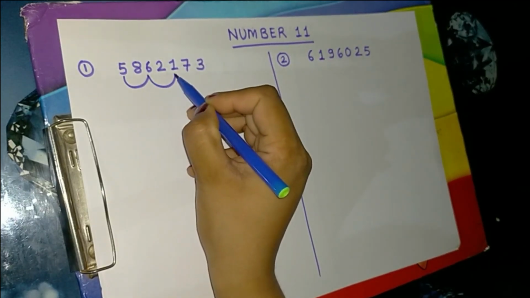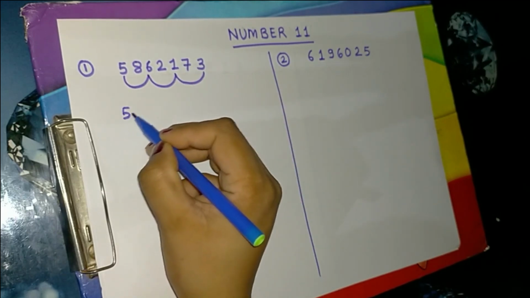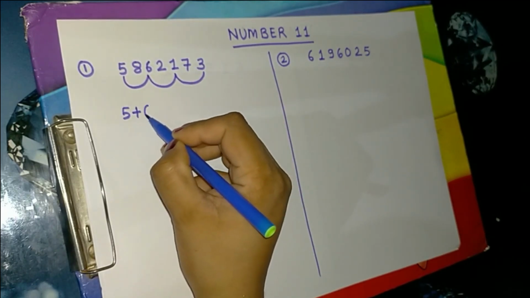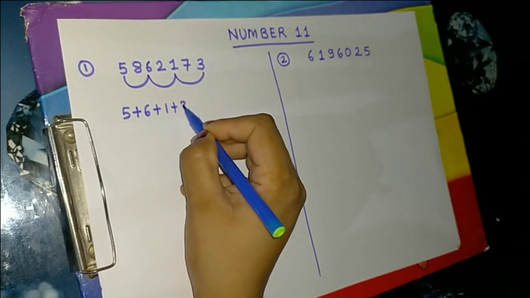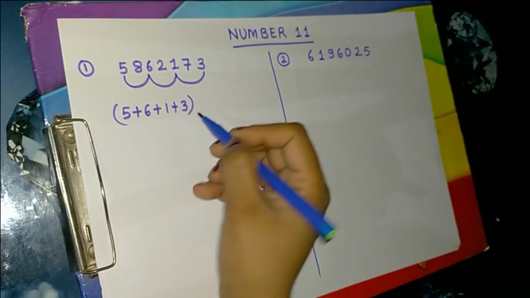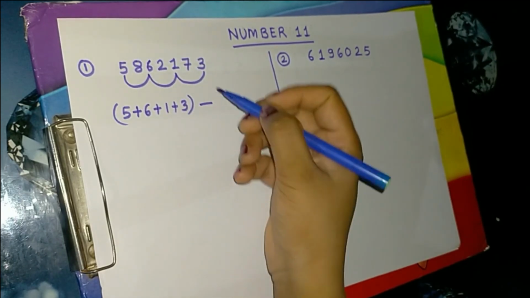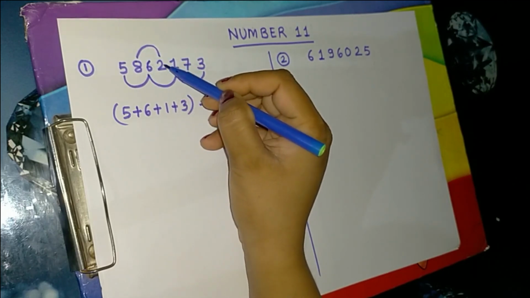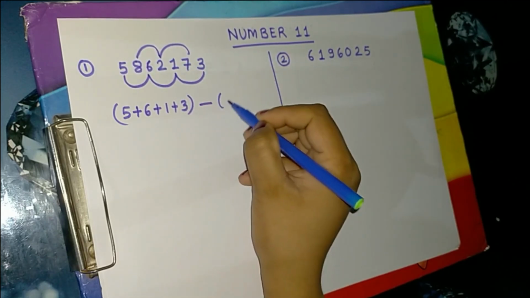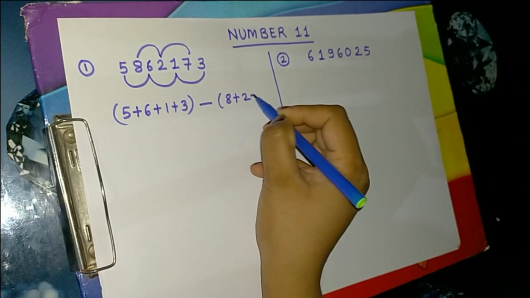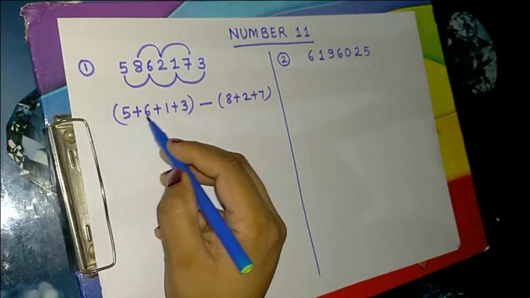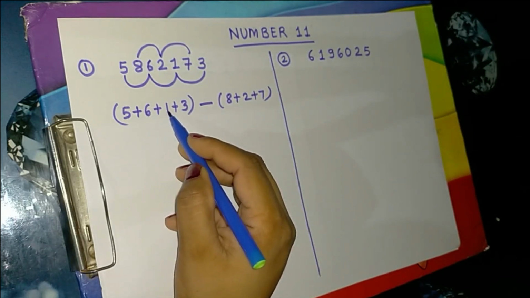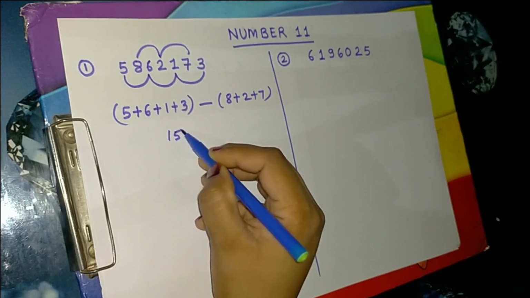present at odd places. So here in our case it is 5, then plus 6, plus 1, plus 3. We need to subtract this from the sum of digits present at even places. In our case it is 8, then 2, then 7. So here I am adding 8 plus 2 plus 7. So here 5 plus 6 is 11, 11 plus 1 is 12, 12 plus 3 is 15.